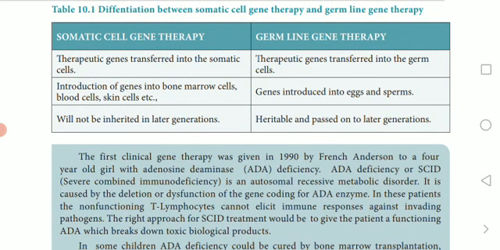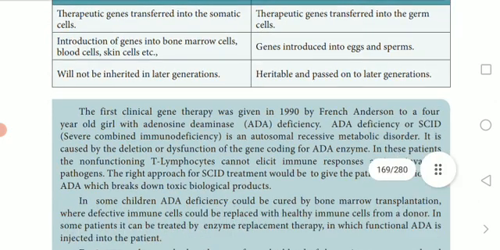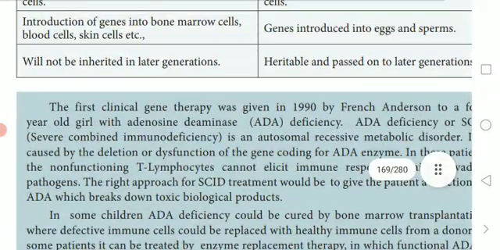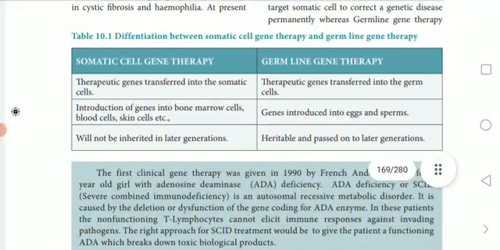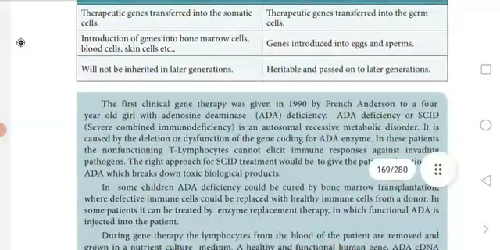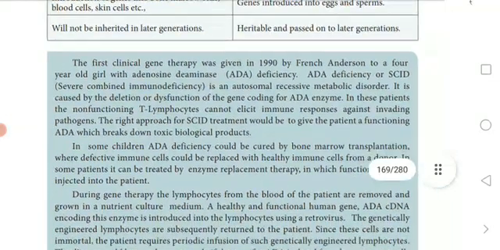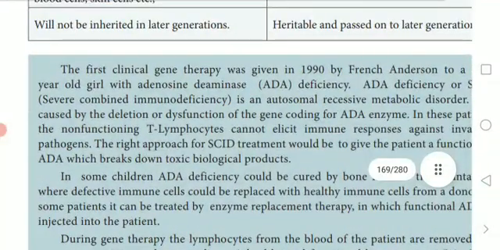It's a tabular column: differentiate between somatic cell gene therapy and germline cell gene therapy. In somatic cell therapy, therapeutic genes are transferred into the somatic cells, and in germline therapy, into the germline cells.